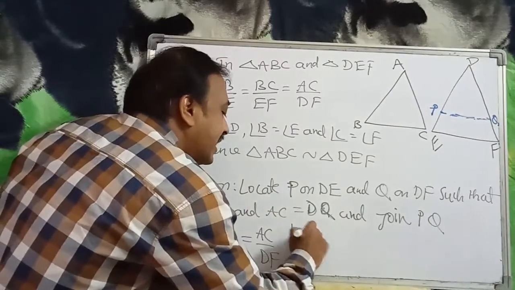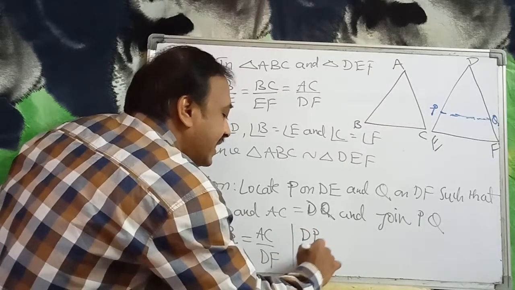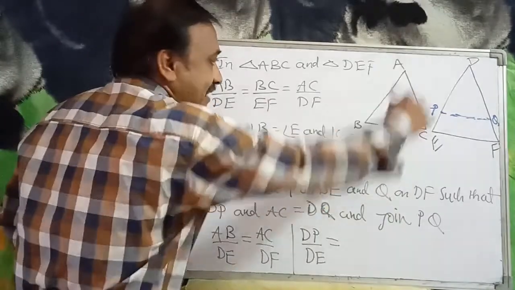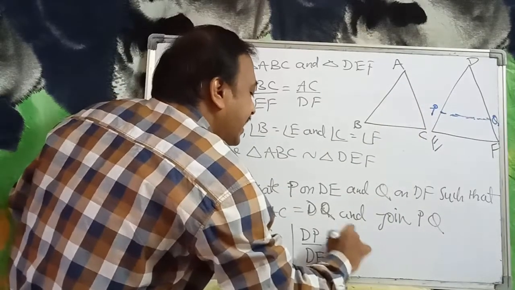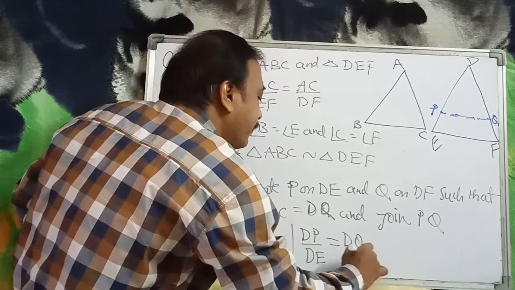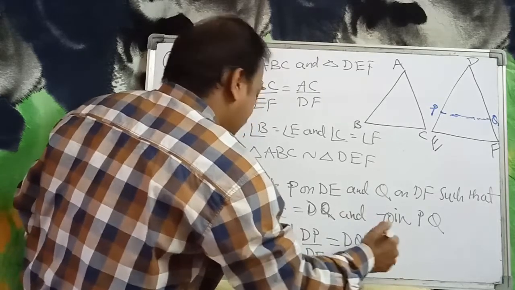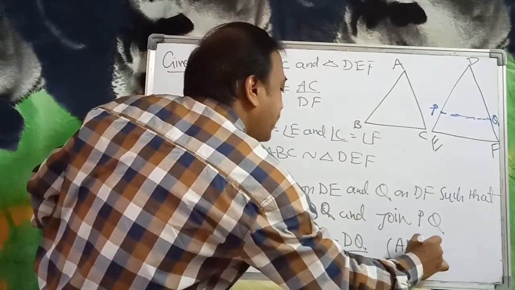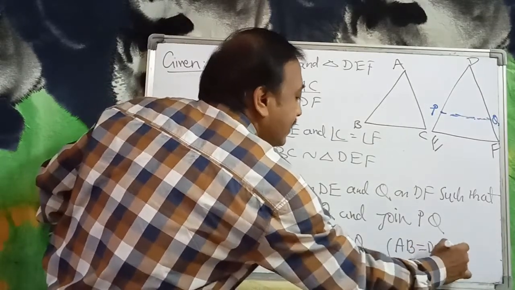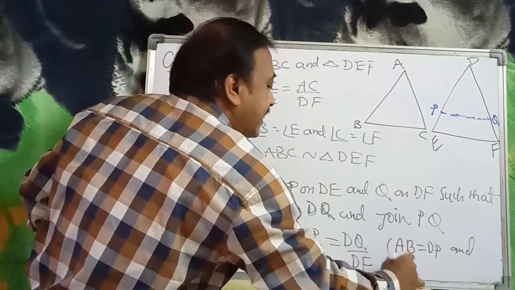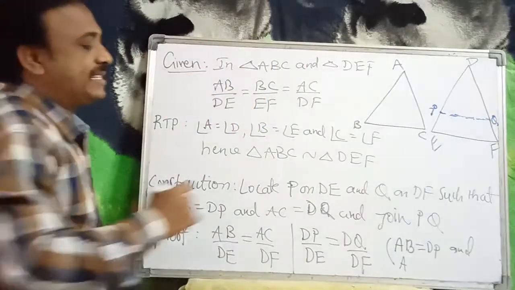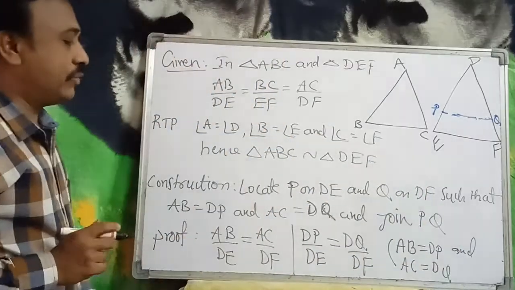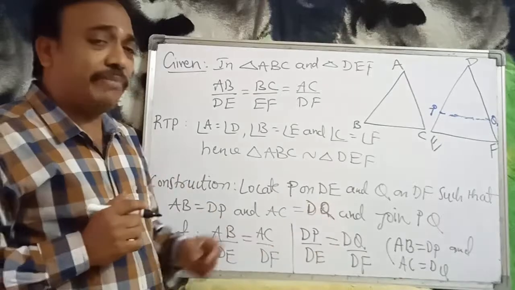That means DP by DE is equal to DQ by DF. So we got DP by DE is equal to DQ by DF.